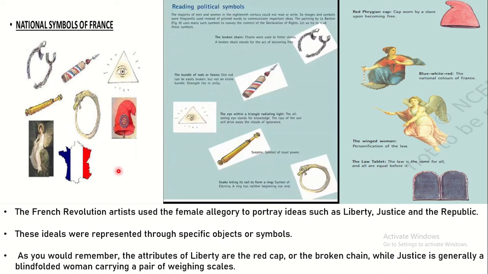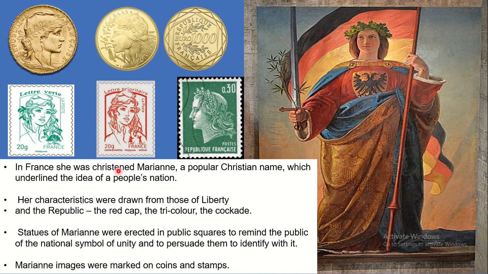In France, it was Marianne, a popular Christian name, which was underlined as the idea of the people's nation. Her characteristics were drawn with those of liberty and republic. She wore a red cap, a tricolor flag, and a cockade.